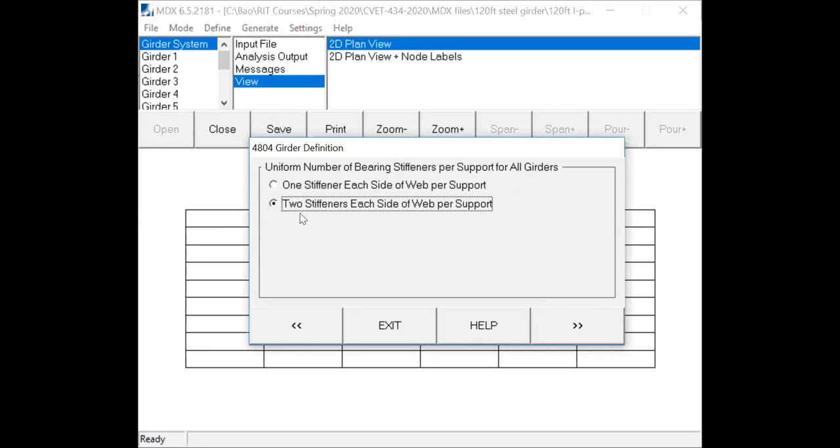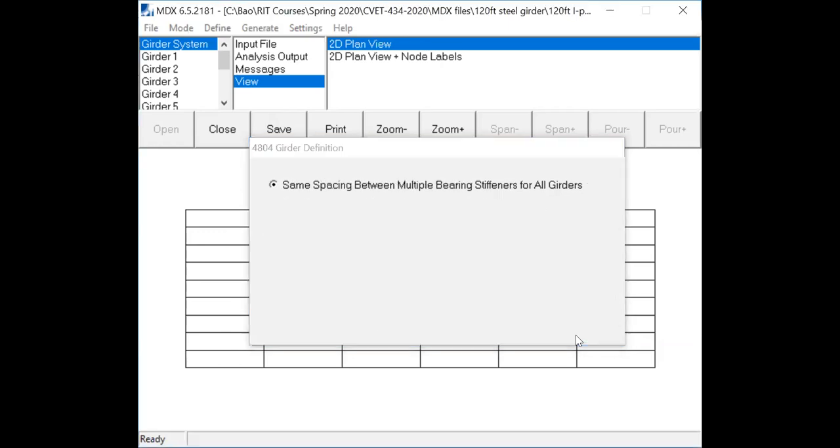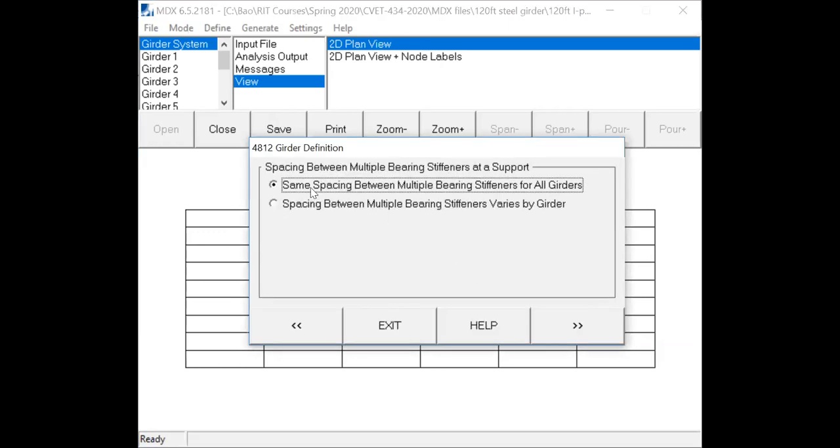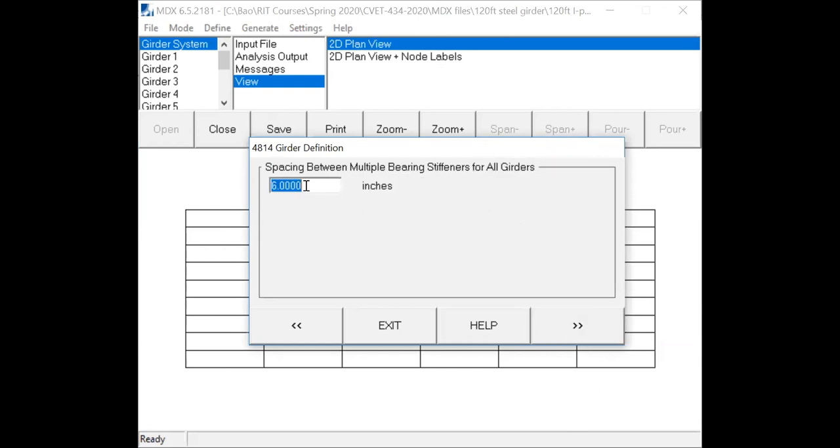On each of the 2 stiffeners above each abutment. Same spacing between multiple bearing stiffeners for all girders, okay? And this 6 inches usually is the standard.